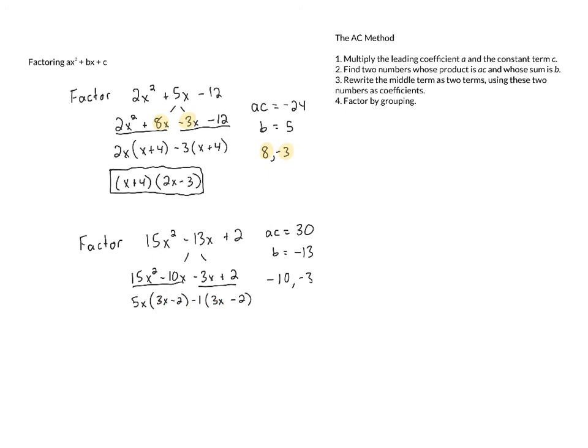Now the final step is to pull out the GCF of the groups, 3x minus 2, and then put the leftovers in parentheses, 5x minus 1. And so we end up with our final answer of 3x minus 2 times 5x minus 1.